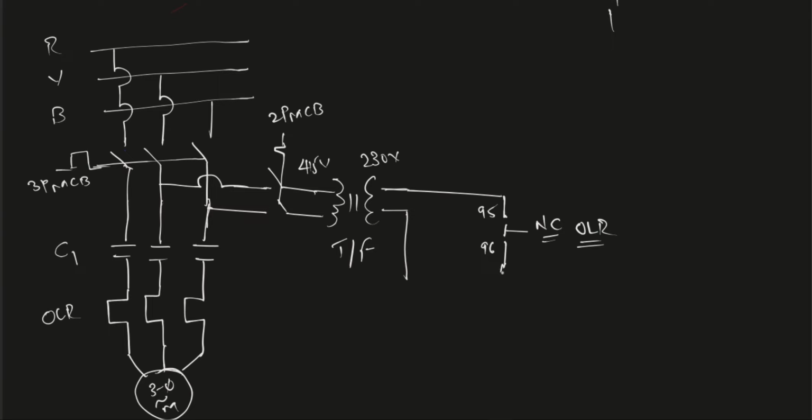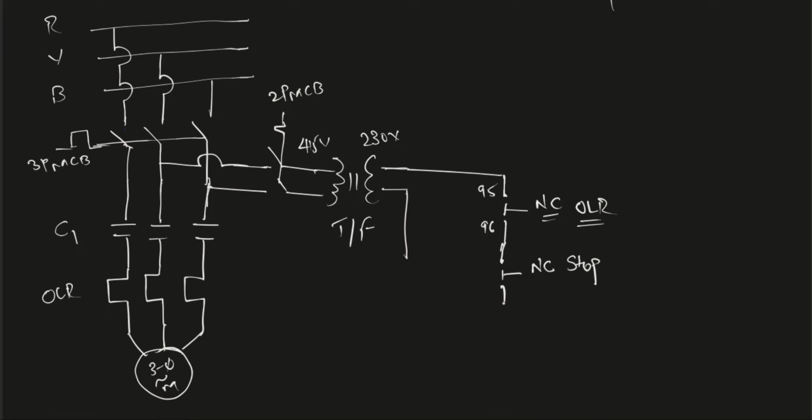After the normally closed contacts of OLR, we are connecting a stop switch. Remember, I have already told you the stop switch is always normally closed. After the stop button, we are connecting it to a start switch.